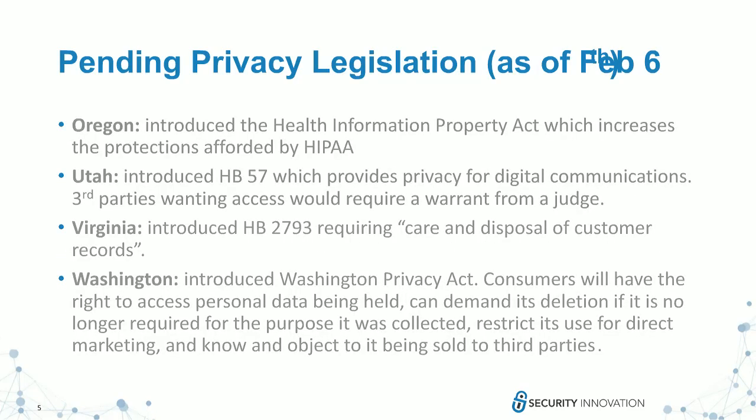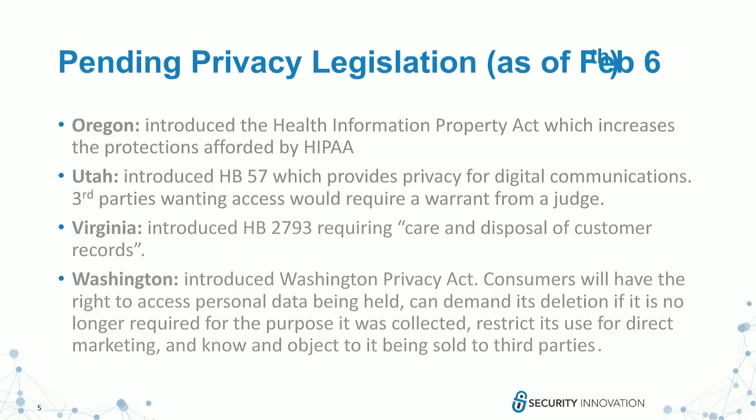Just a few others that we're seeing. Oregon introduces the Health Information Property Act, which actually increases the protections afforded by already existing federal HIPAA laws. So this even strengthens those laws. Utah introduced House Bill 57 providing privacy for digital communications.